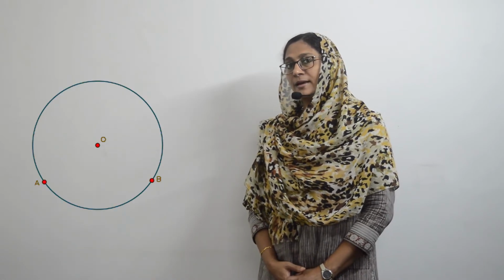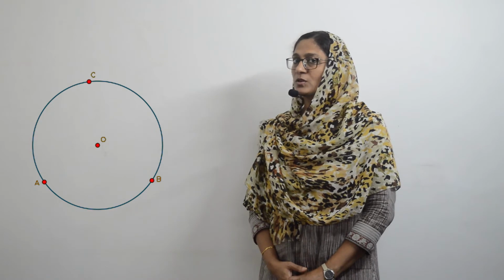Let us see another question which needs proof. O is the center of the circle and A, B and C are 3 points on the circle.